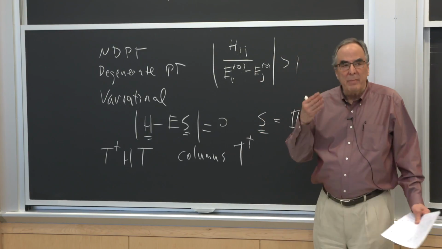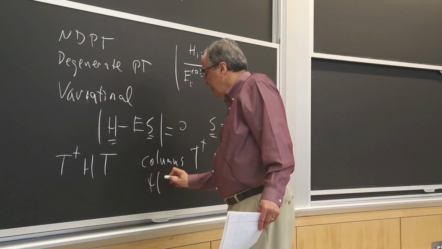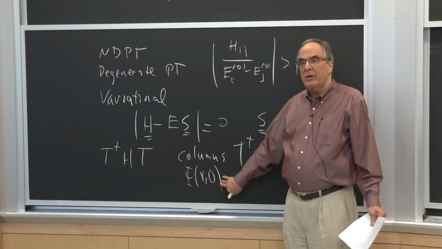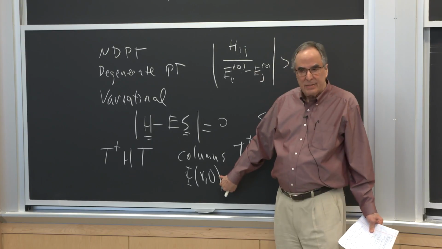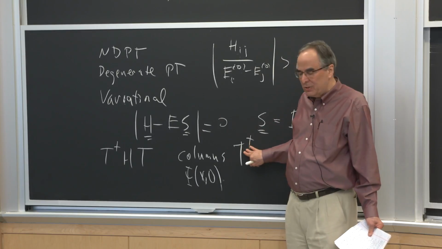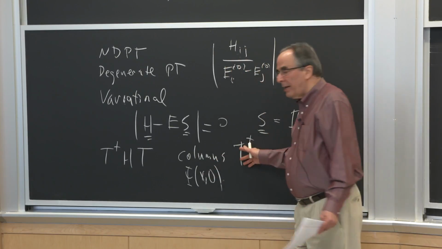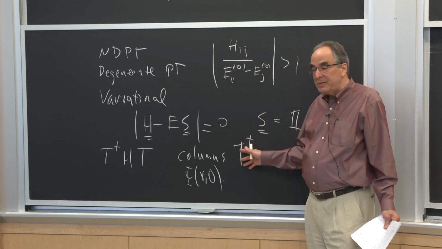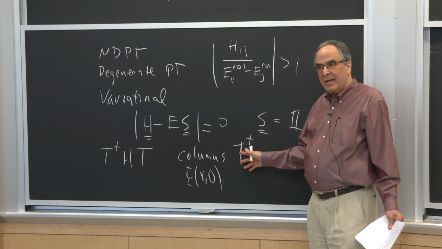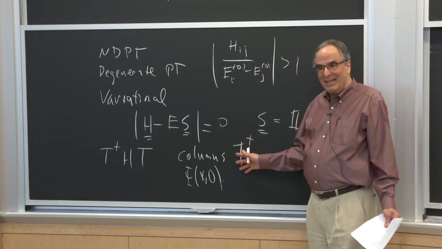And so if you want to make a wave packet where you have some initial state, at T equals 0, you want to express that as a linear combination of eigenstates. And this sort of transformation provides that information if you know how to use it. And you can get approximations to all of these elements of T dagger from non-degenerate perturbation theory. And on the second exam, that was one of the things you didn't do very well on. And so you can see that again.